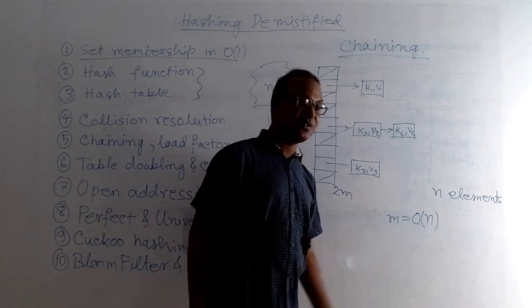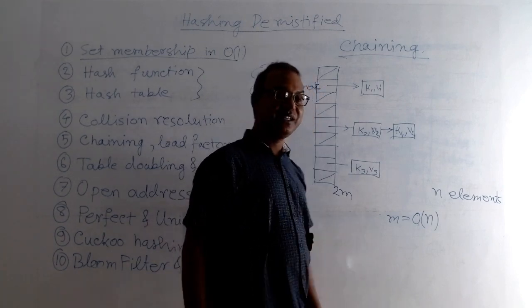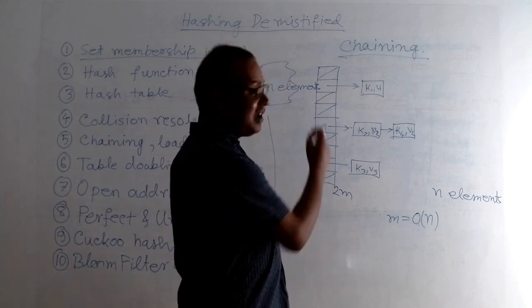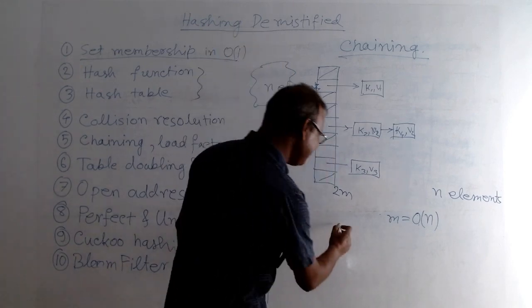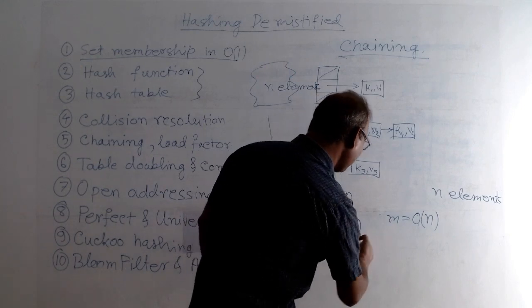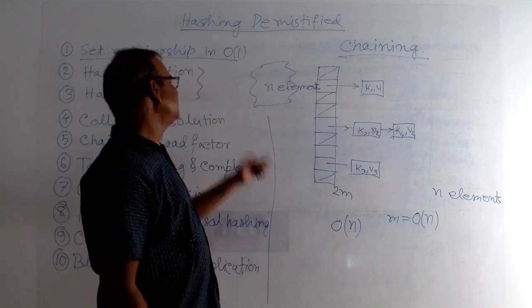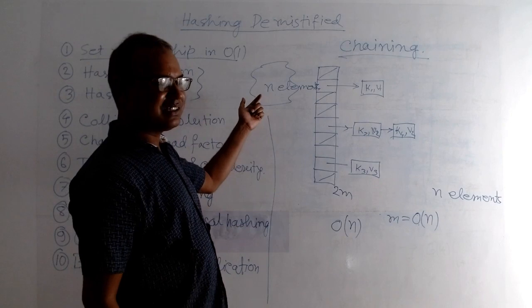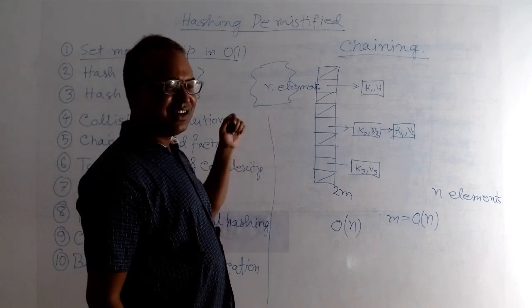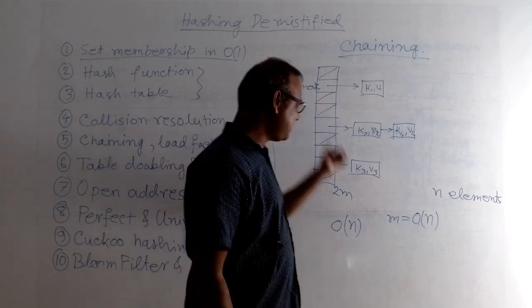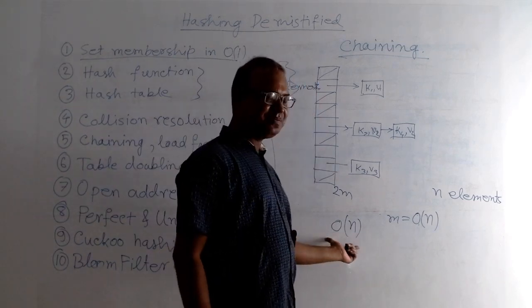So what will be the complexity? This looks like very high complexity. Table doubling will be order of n, but we want the hash function operations insert, delete and search in constant time. But here insert will become order of n.